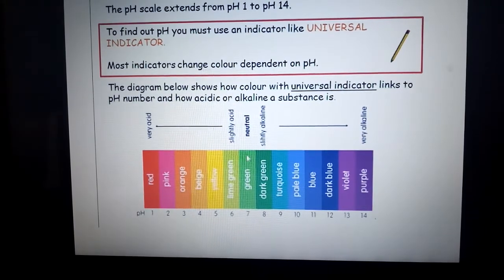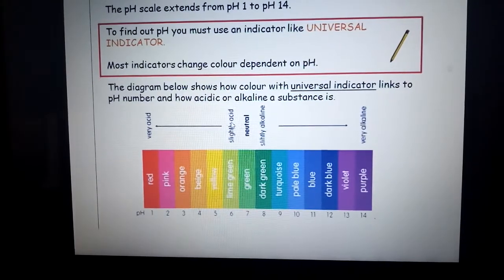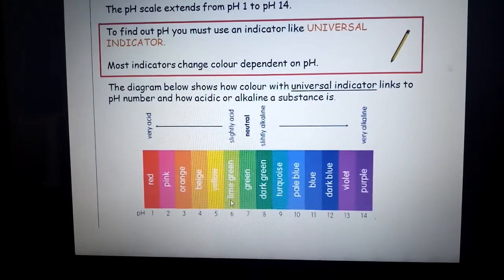We start with pH 7. pH 7 is neutral, green in color. Then slightly acid or weak acid, lime green, and then it turns to yellow. More acid, and then beige, and then orange and pinks, and the red color. This one is getting very acidic, increasing in acidity.